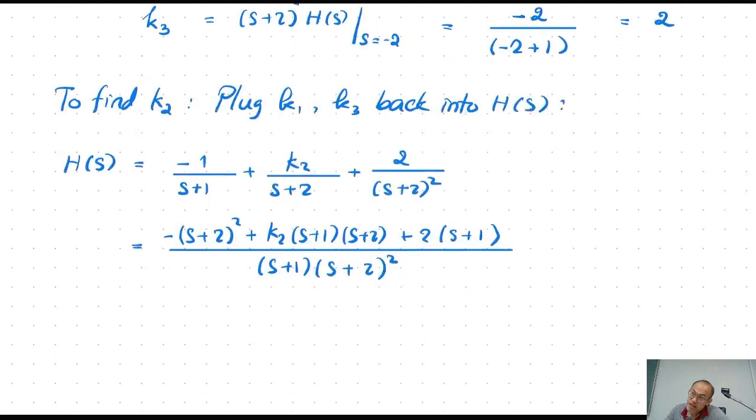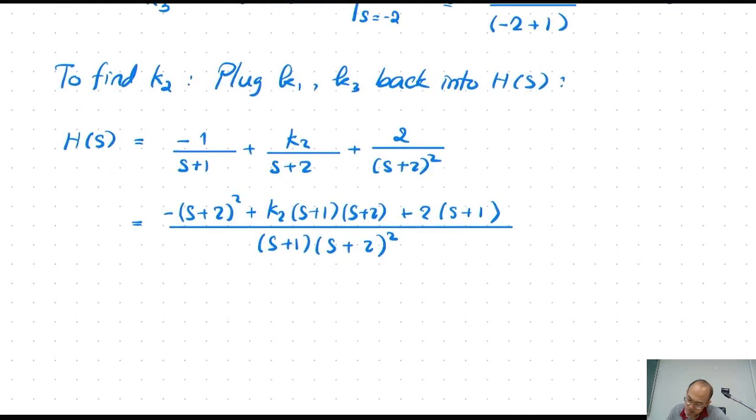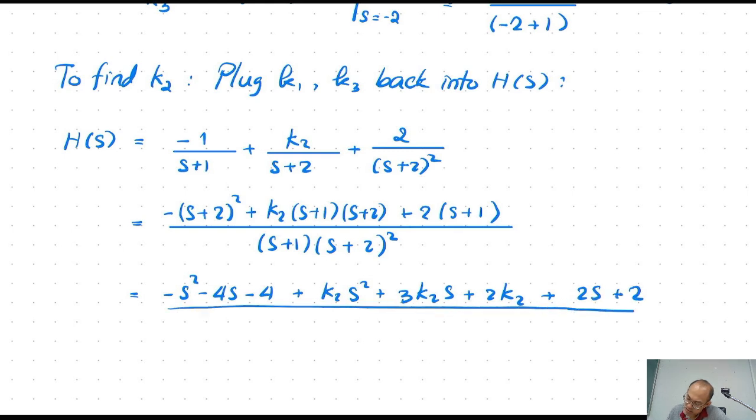The first is the perfect square, so minus s squared minus 4s minus 4. The second term is plus k2 s squared plus 3 k2 s plus 2 k2. And the last one is 2s plus 2, all divided by (s plus 1) times (s plus 2) squared.